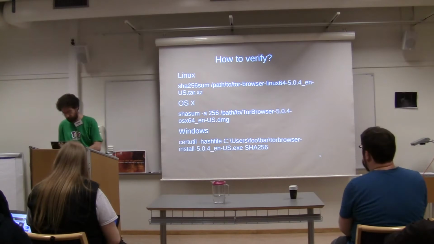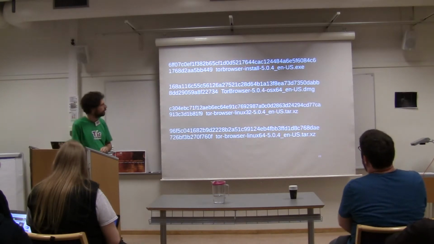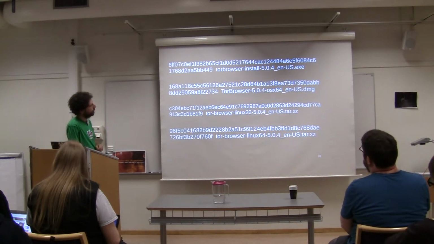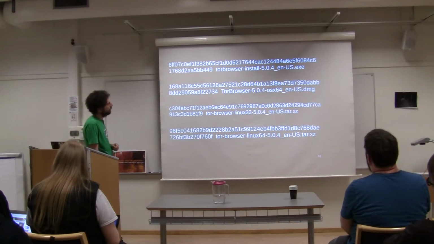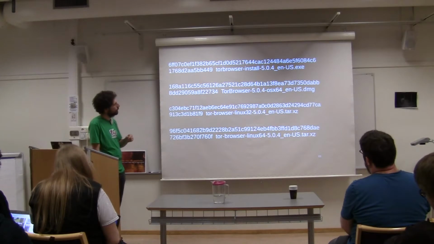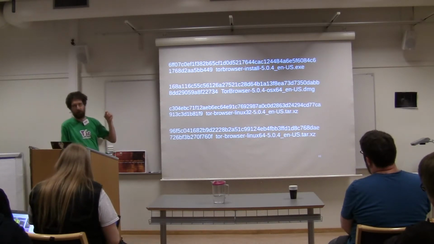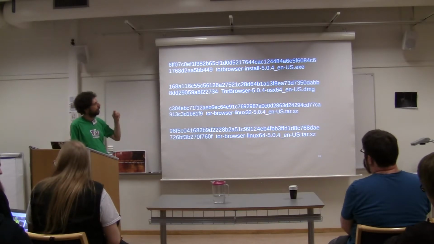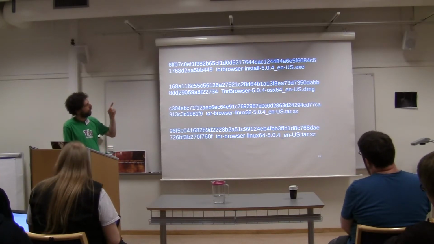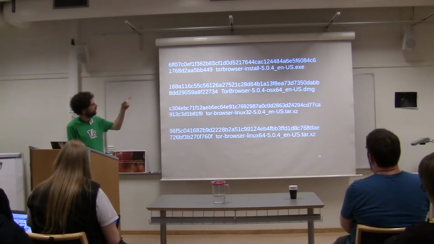So how do these hash sums look like? They look fancy actually. And the tricky part is you have to make sure that every digit and every letter is really the one on your computer that you're seeing here.